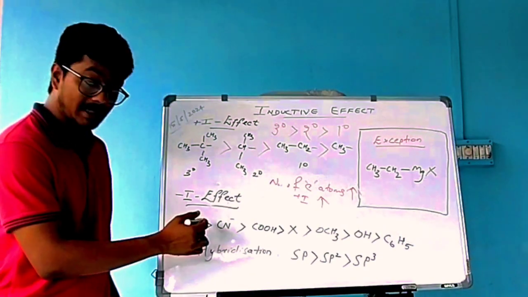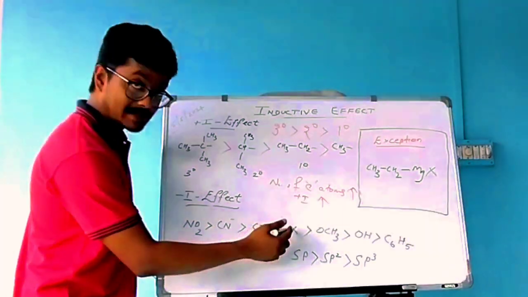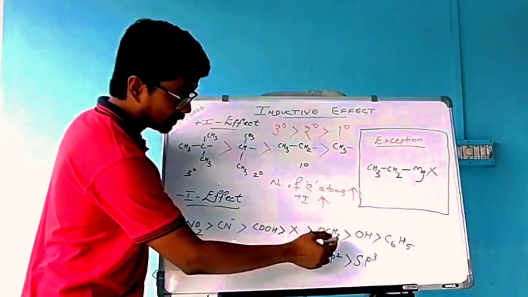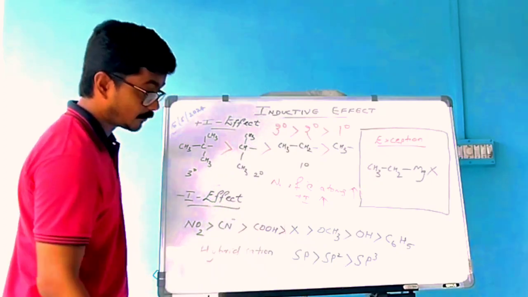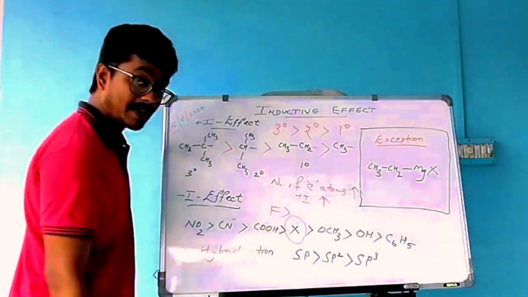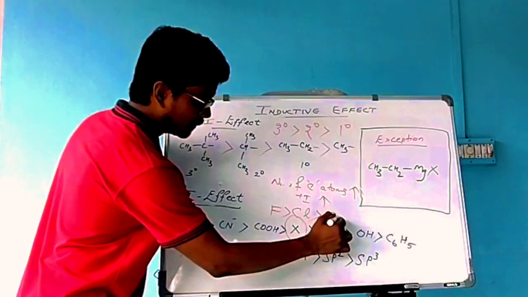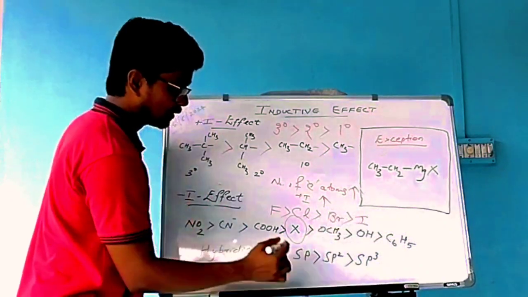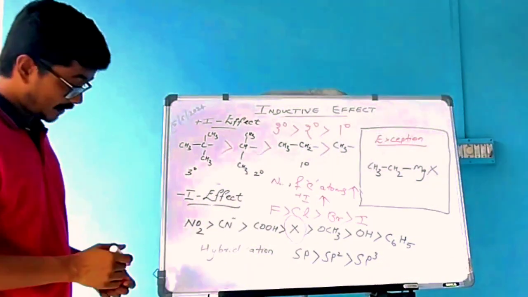Nitro group experiences a very high minus I effect compared to cyano, carboxylic acid group, X which is halogen, methoxy group, alcohol group, and phenyl group. Among the halogens X, fluorine possesses a very high minus I effect compared to chlorine, which in turn is greater than bromine and iodine. This is because fluorine possesses very high electronegativity.